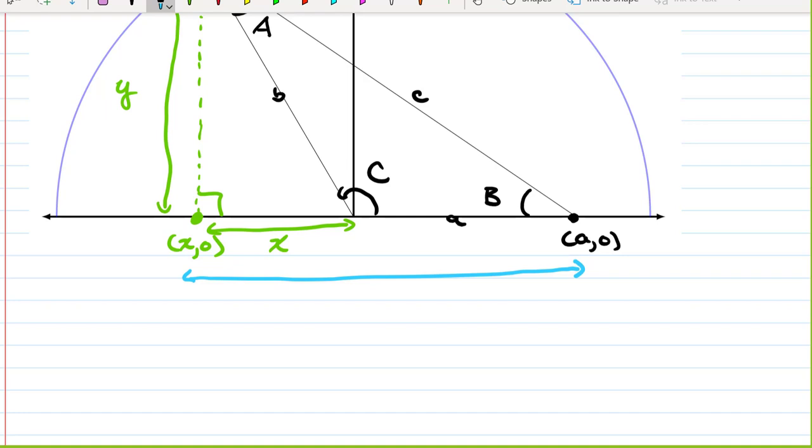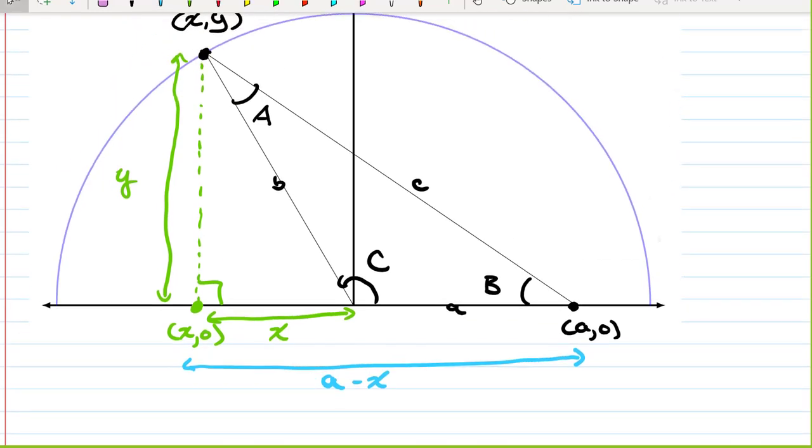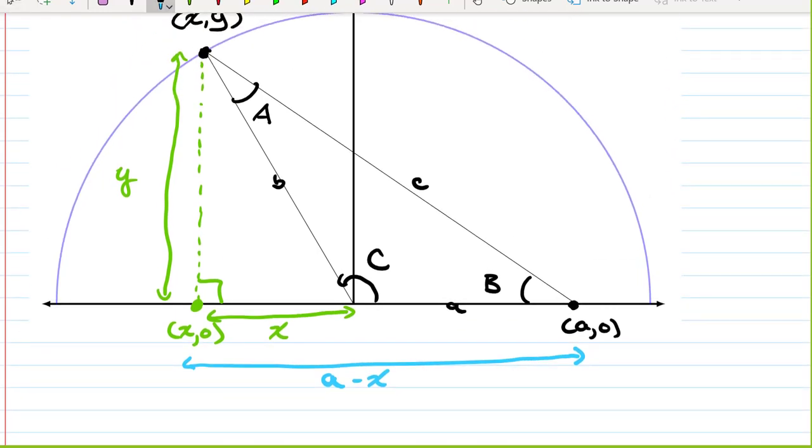So the distance from a to x, regardless of whether x is positive or negative, is a minus x. Then we can apply the Pythagorean theorem to this big right triangle with side lengths a minus x, y, and c.